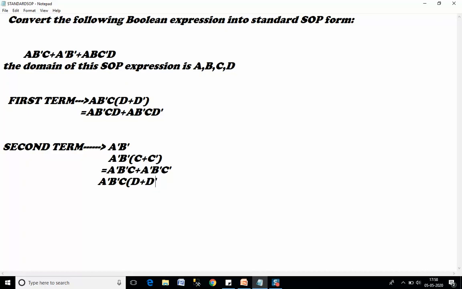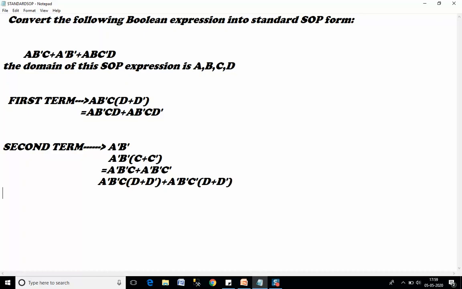D or D complement will again be equal to 1 according to the Boolean law, and 1 multiplied by A complement B complement C will be equal to A complement B complement C. And for the next term, A complement B complement C complement, I will again AND with D or D complement.